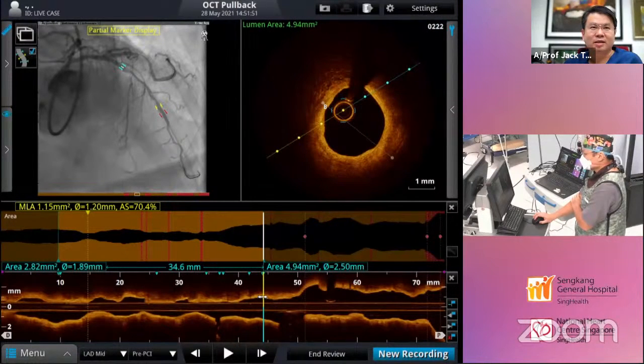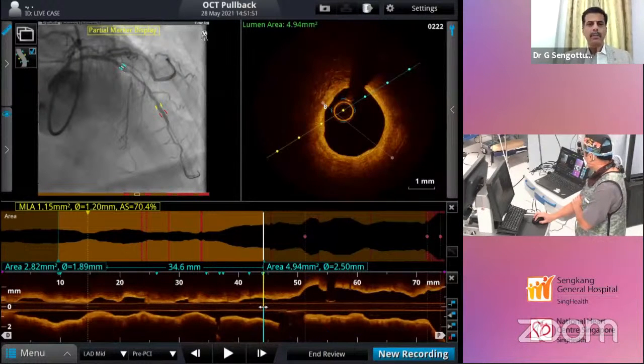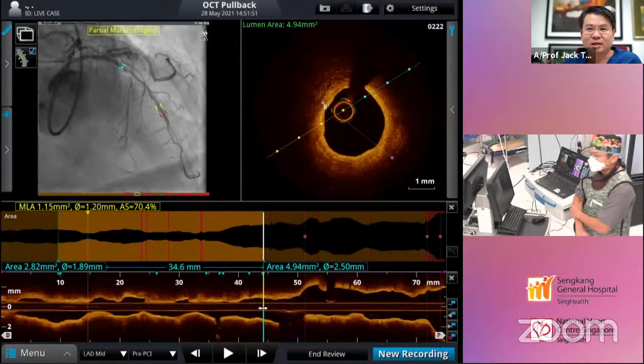Thanks, Alan. I think this point is worth re-emphasizing because I find it's the most difficult for beginners, like you said. Although you see everything so clearly, you're still guessing. So maybe I'd like to ask Anuruck whether there are any teaching points before Sengo adds on to this. Anuruck first, then Sengo.